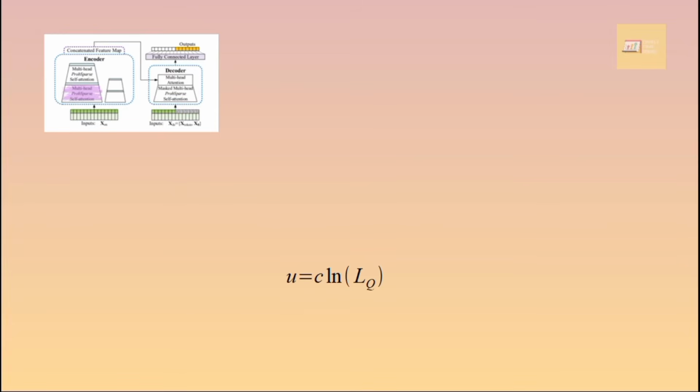First of all, there are only U dominating queries in matrix Q bar, and that's defined as the log of the total rows of matrix Q times a factor. The default value of the factor is 5. They prove in their paper that generally 5 is the best value for the factor.